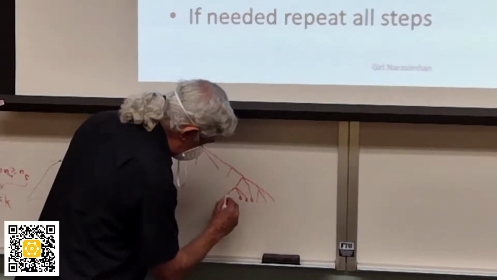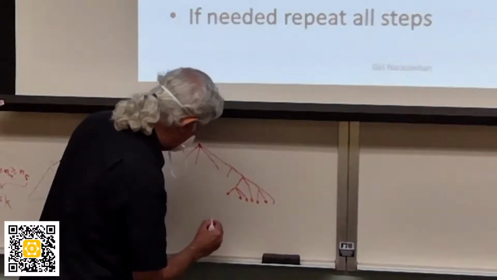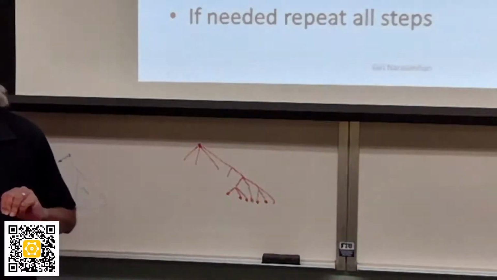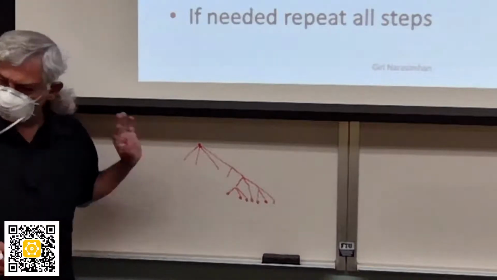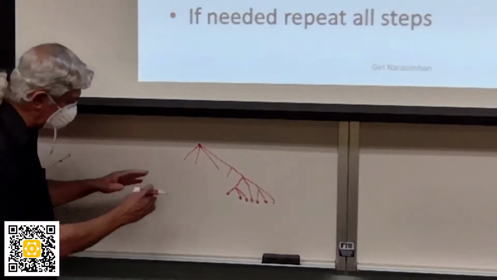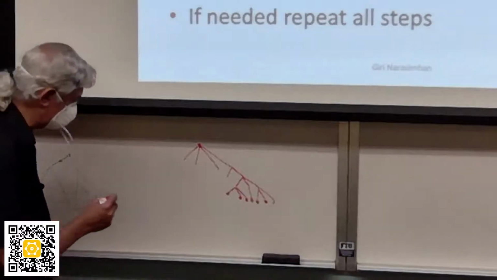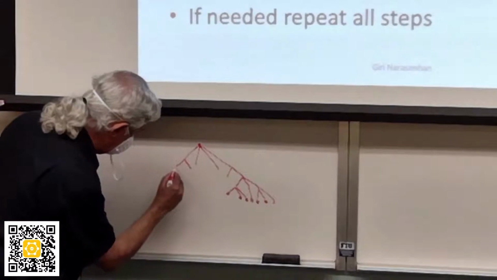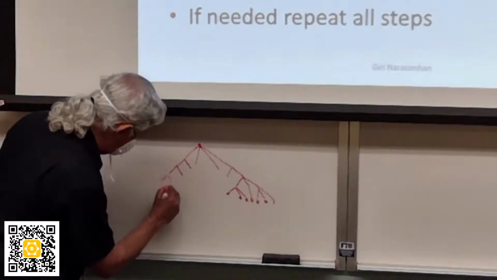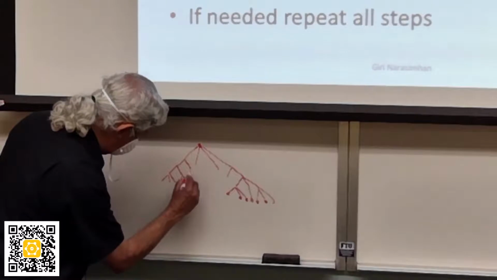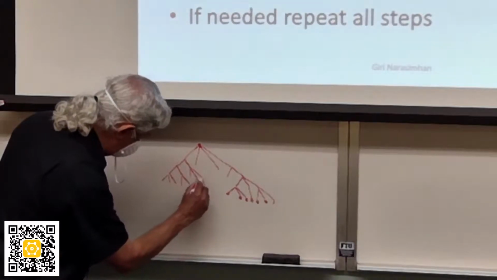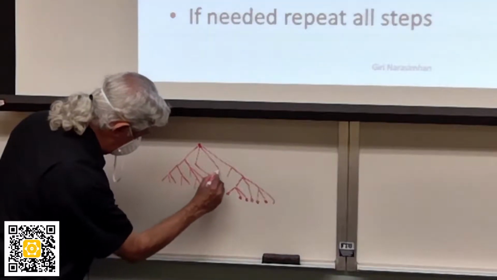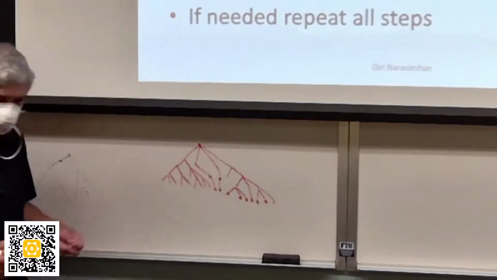So let's say these are the vertices that are half the diameter away from the center. On this side, again, I have some bunch of things. I should probably draw that too. Let's say you have something like this, okay?